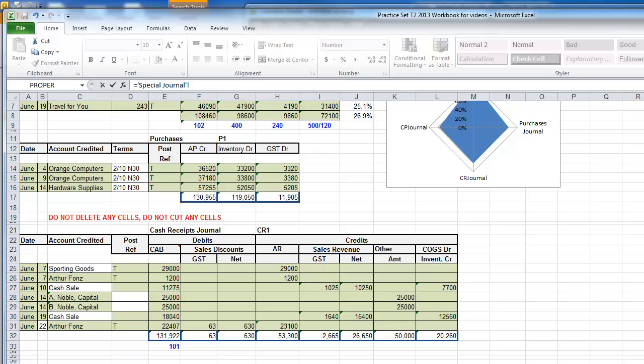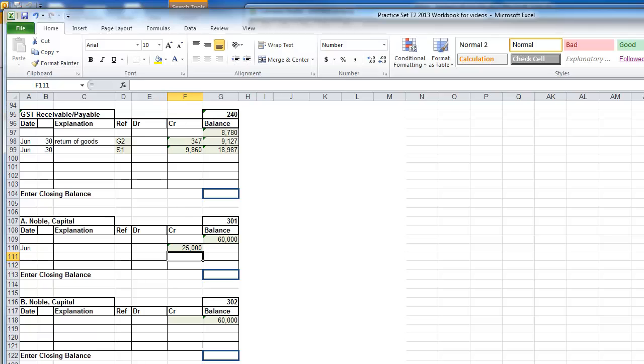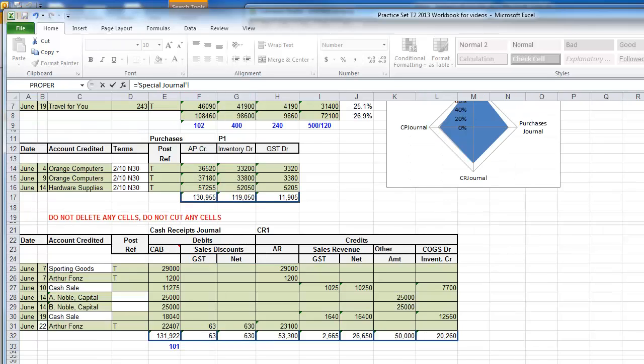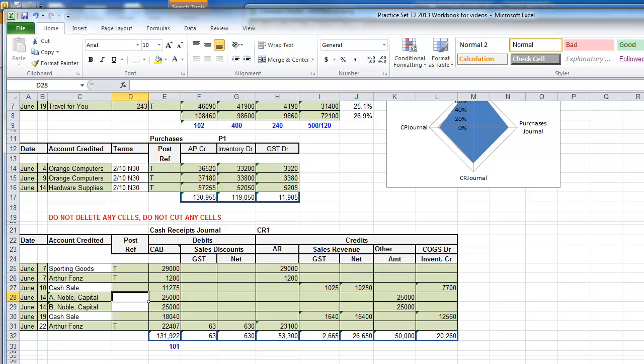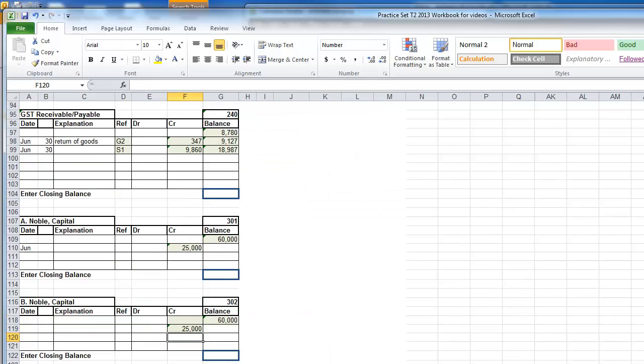Special journals, was it a receipt? Yes, it was a receipt, so it's a credit to A Noble Capital. I'll do the same to B Noble Capital while we're there. B Noble Capital, and we can see posting them account 301 and 302. Go back to the special journal, and let's go 301 and 302. So this tells us that we've posted those items to account 301 and 302.